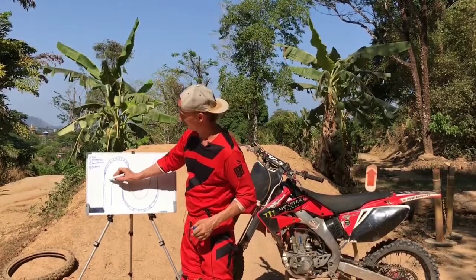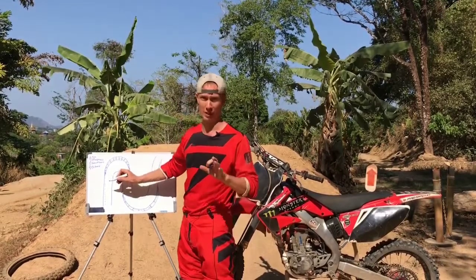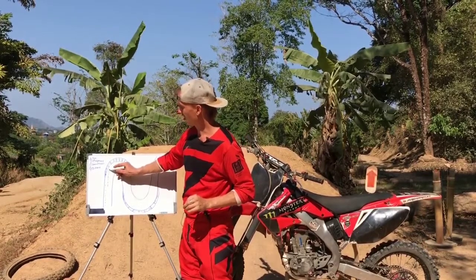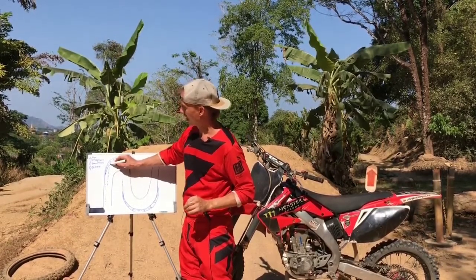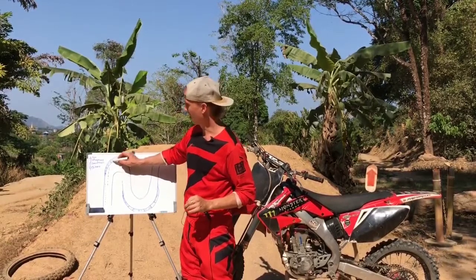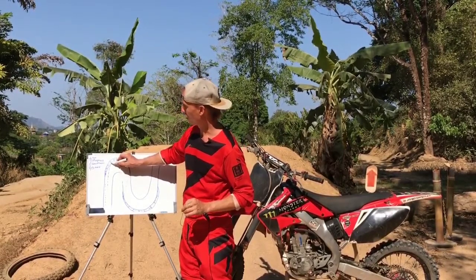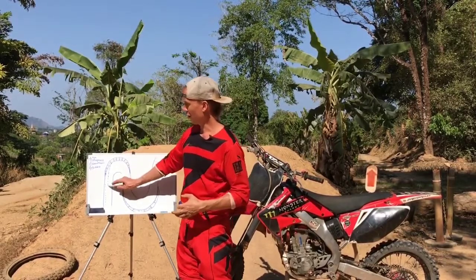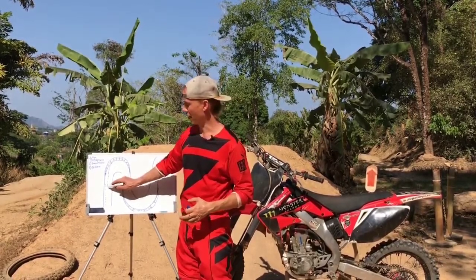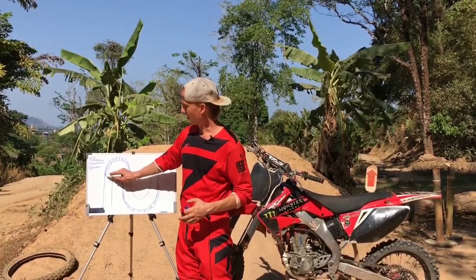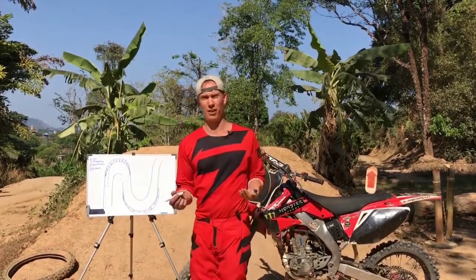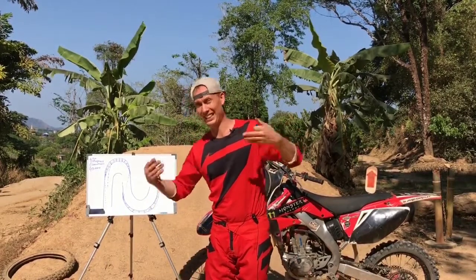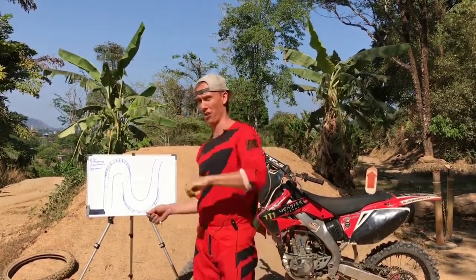If you just come in randomly into the turn, as I see some of the beginners on this track do, you're going to have an impact on the berm, so to speak, and it feels like the bike just wants to ride over the berm. You will find that if you just adjust your path and your entry line to enter on the very outside, it's almost as if the turn assists you to carry that speed through the turn.